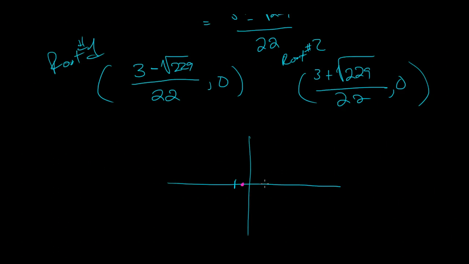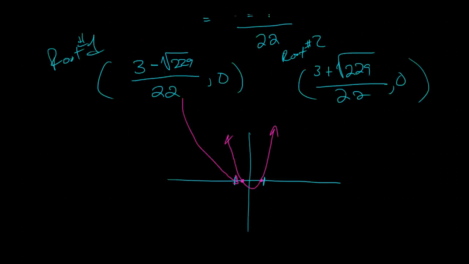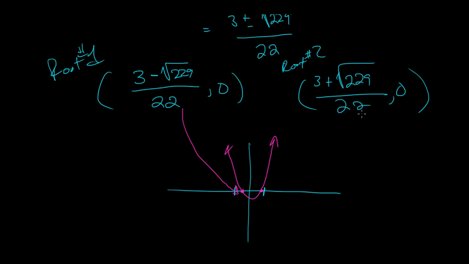So here's our positive 1, and then this would be just a little bit closer there. So our graph would look a little bit something like come down, move up like that, whereas this would be that root there. See, this would be that root there. This other fella would be that root there.